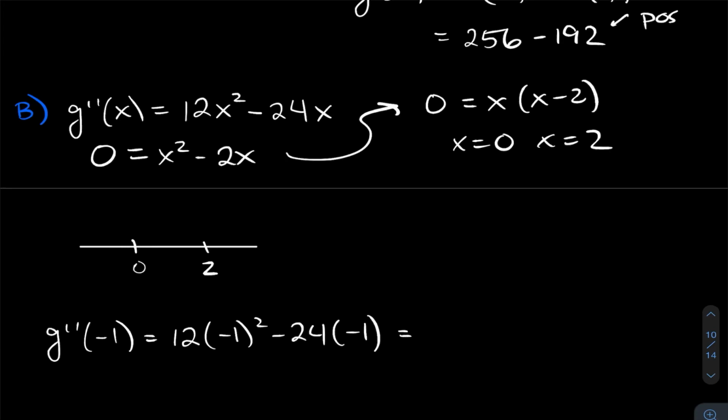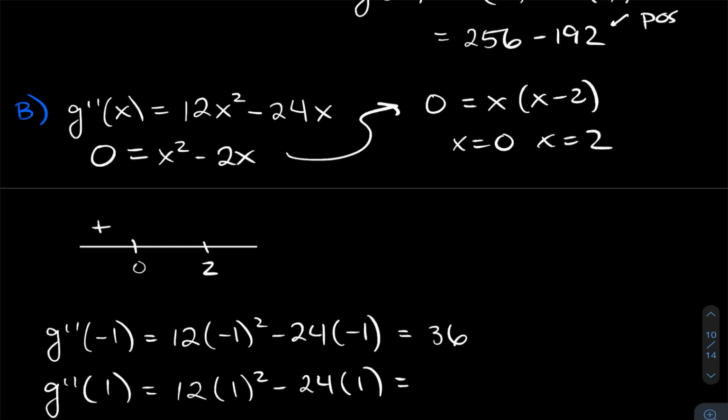That's going to be a 12 plus 24, which is 36. That's positive. Next, we're going to plug in 1 for that middle test point. These test points get old after a while. And this is going to be -12. You've got a 12 minus 24. So negative here.